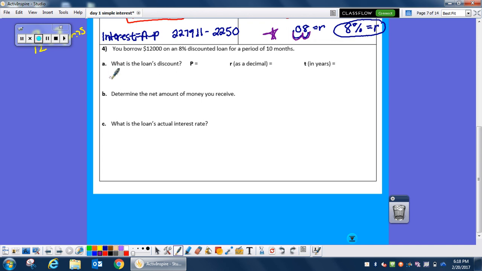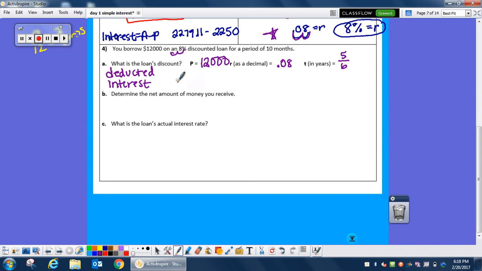So how much interest we're going to pay in the beginning. So I'd make that note that that's what is happening, is we're going to find the interest we're going to pay in the beginning of the loan. So we're borrowing $12,000 at 8%, so I'm going to go 2 units to the left to put it into a decimal. And 10 months is 5/6 years, which you could also write that as a decimal, but I'm showing multiple different ways.